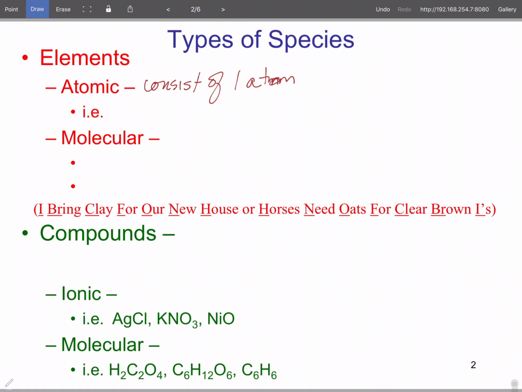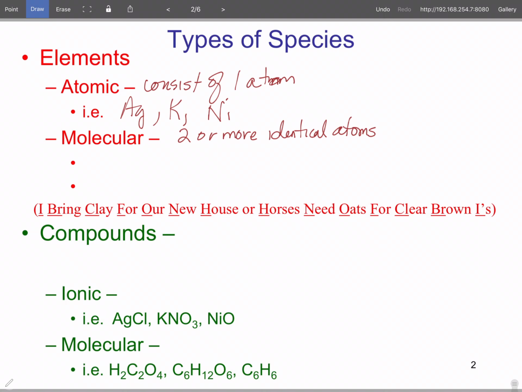So things like silver, potassium, nickel, you can get one atom of. However, some elements are what they call molecular. That means that they are two or more identical atoms combined.